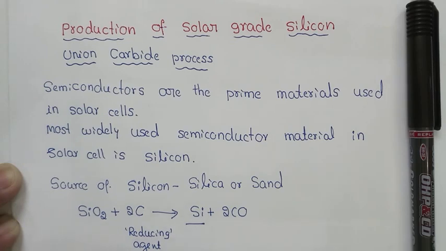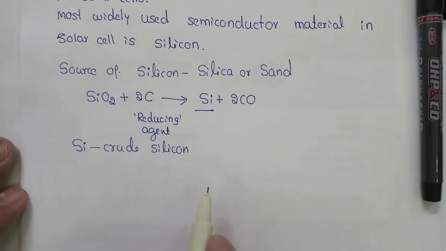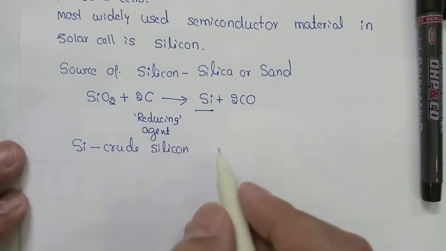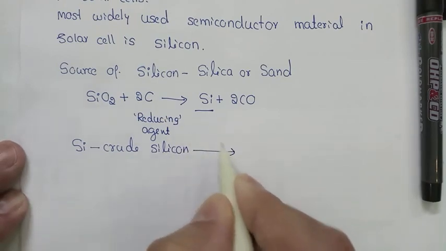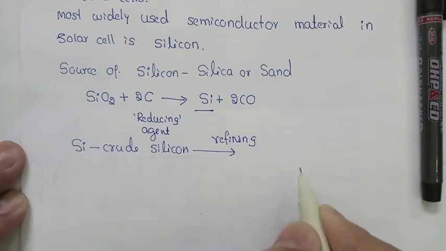So the silicon whatever obtained is called crude silicon. This crude silicon that we get from this process is further refined. Refining means what? Purification.